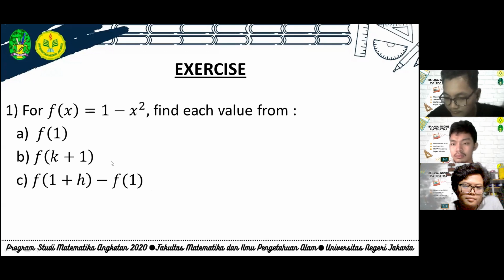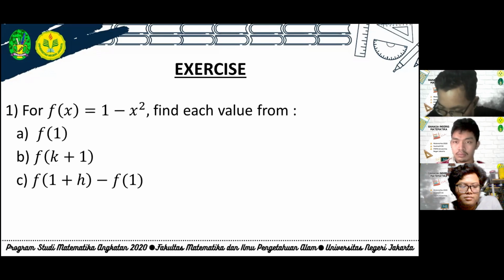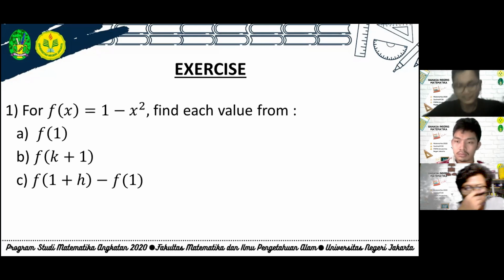The answer is minus k squared minus 2k. Any false? Can you say again? Oh, sorry, that's correct. Okay.